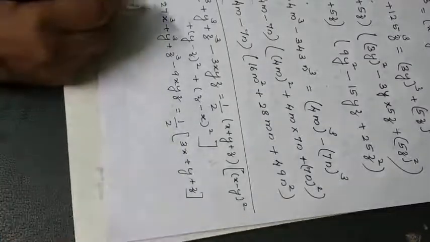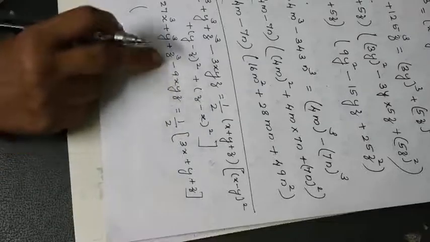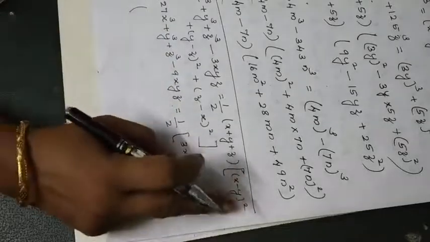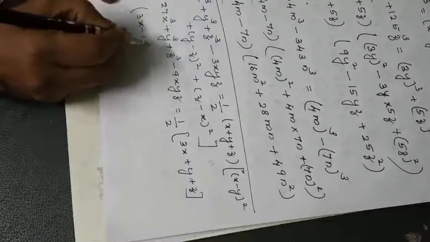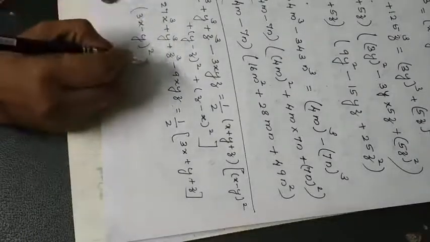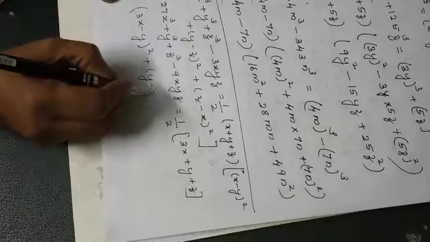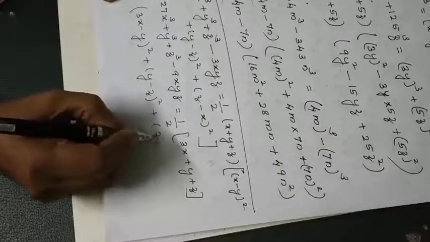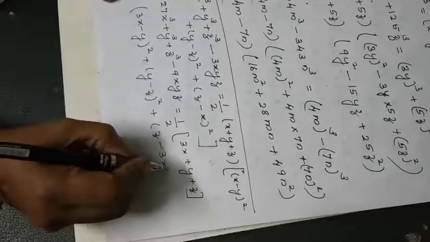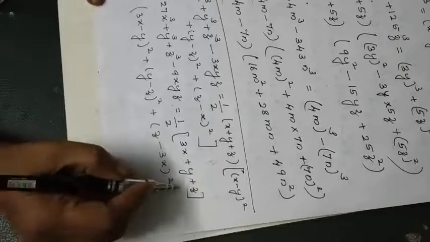Now the second part is first and second one minus, then square. So 3x minus y the whole square, then y minus z the whole square, then z minus 3x the whole square.